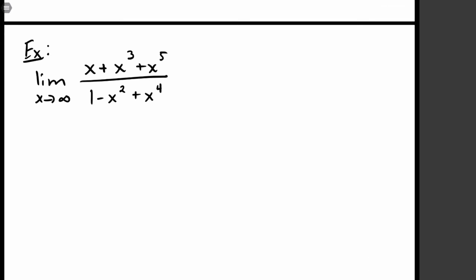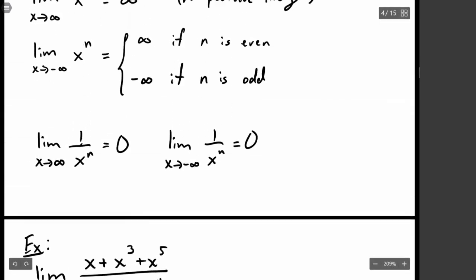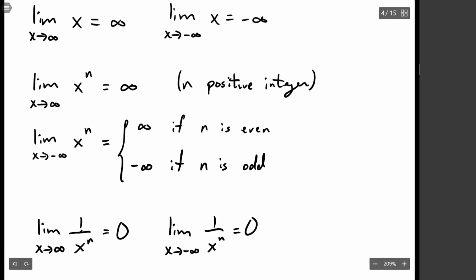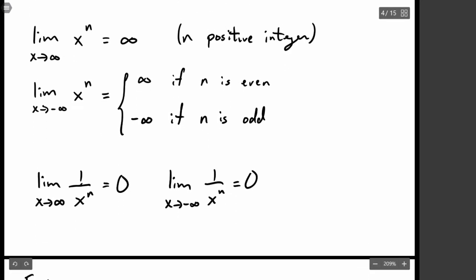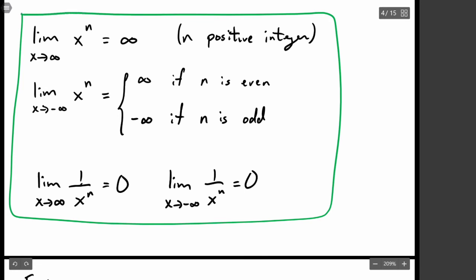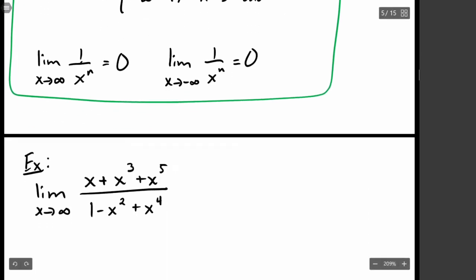Right, let's look at something like this. A little bit more complicated, right? So how do we do this? Well, we want to try to use these properties here, specifically this set. This is the important set for us. Okay? We want to try and use this.